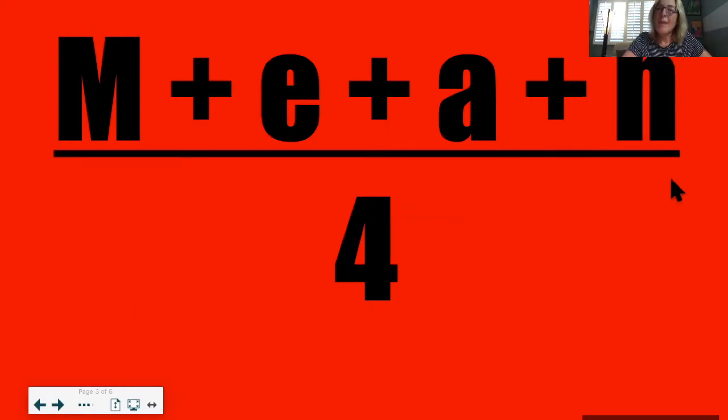The word mean, M-E-A-N, that's a word that you hear all the time, right? But in math, mean has to do with average, which is a word you probably have heard. This word clue kind of shows you that the way that we find average is take the sum of a bunch of values and then divide them.